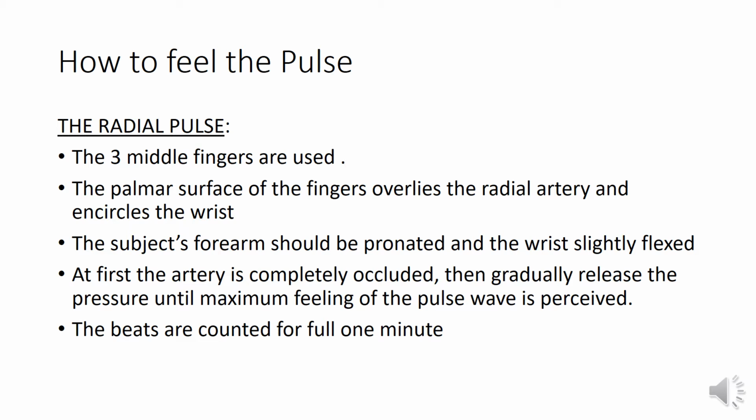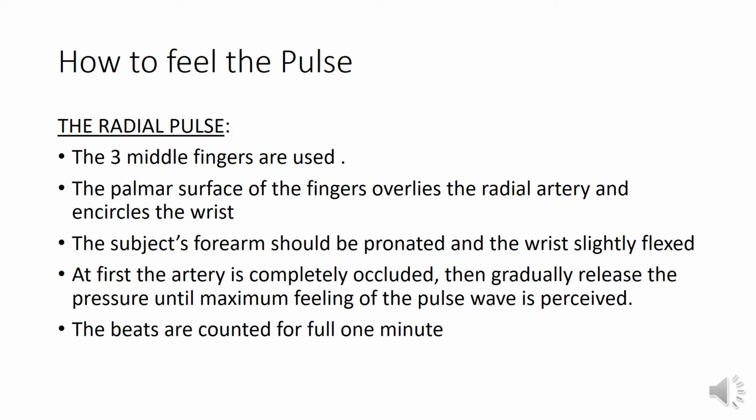When we say we are seeing the pulse, it actually means that we are seeing the radial pulse. So how do we feel the pulse? For the radial pulse, for any pulse, we use the three middle fingers of the hand. But whenever we say we are seeing the pulse, it means the radial pulse.